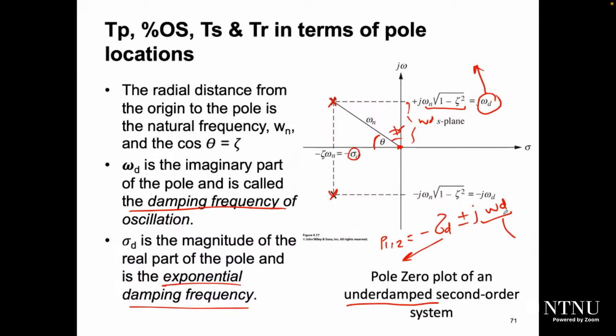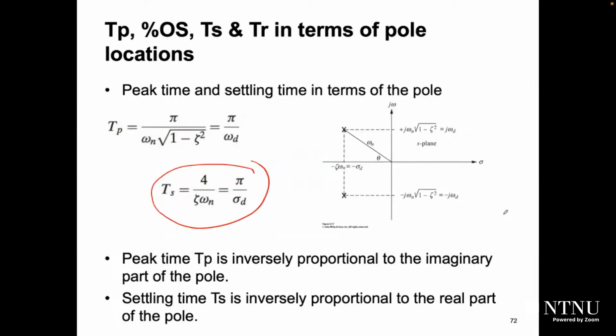Once you have those, we can try to link them with the formulas, right? For example, the peak time is pi divided by the damping frequency of oscillation, omega d, the absolute value of the imaginary part.